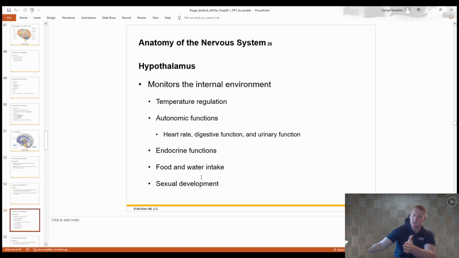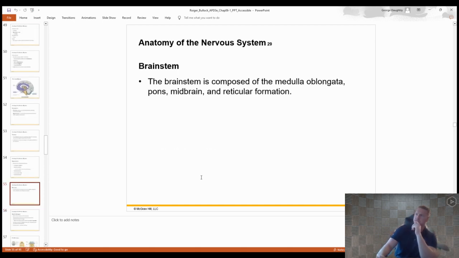So it's maintaining homeostasis across multiple organ systems. And again, I would refer to it as our thermostat, okay? And maybe it's not a great example because it's not strictly temperature control, but that is one thing it does. And what does a thermostat do? If it's cold, the thermostat's going to turn on the heat. If it's hot, the thermostat's going to turn on the cold. That's what the hypothalamus does.